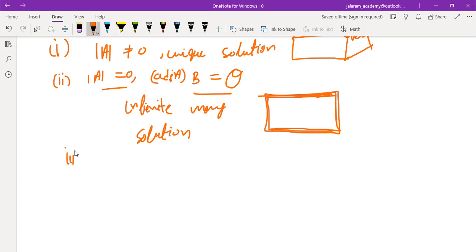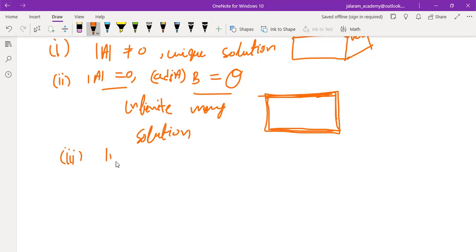And in the third case, when there is no solution, two walls are parallel to each other. For example, consider the two opposite walls of our room, mostly our rooms are rectangular. I am discussing only rectangular rooms, not triangular or circular ones.